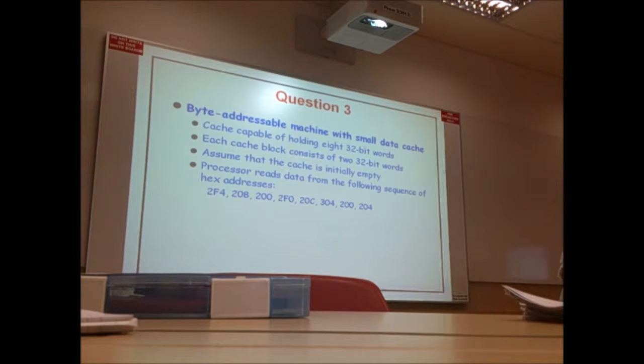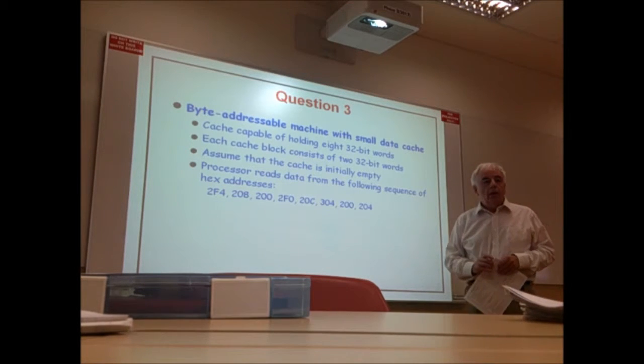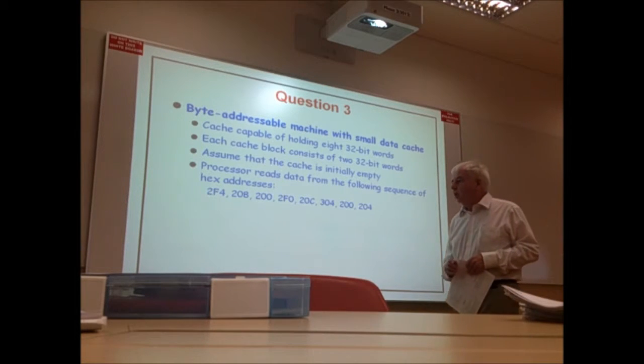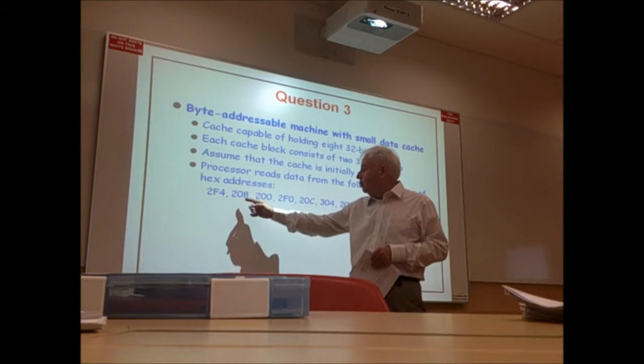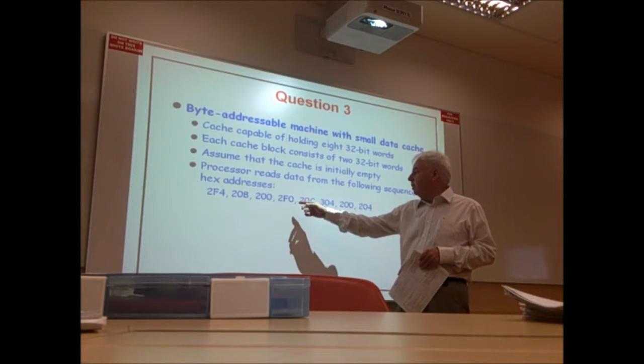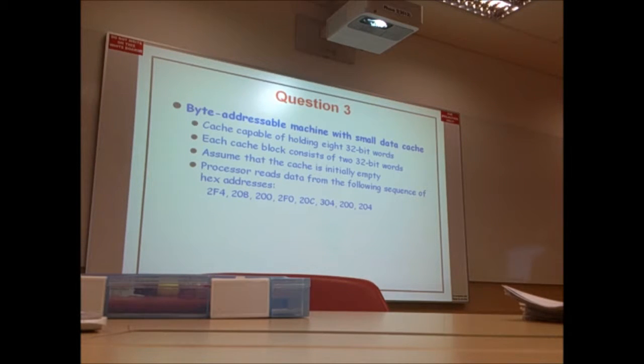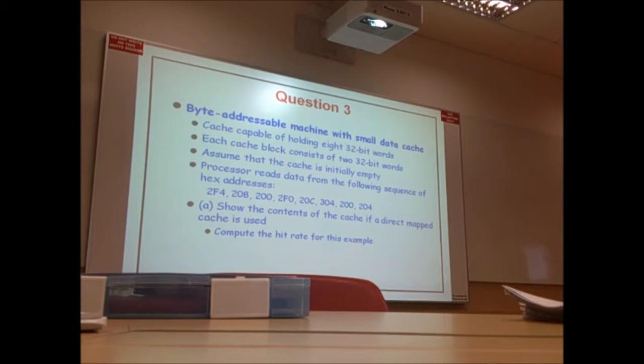The cache is initially empty, and the program reads data from the following sequence of hex addresses: 2F4, 208, 200, etc. We want to show the contents of the cache and compute the hit rate.